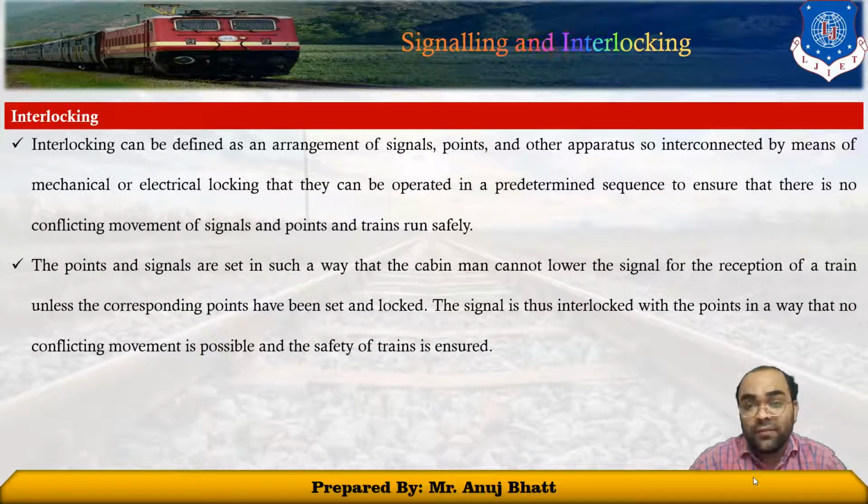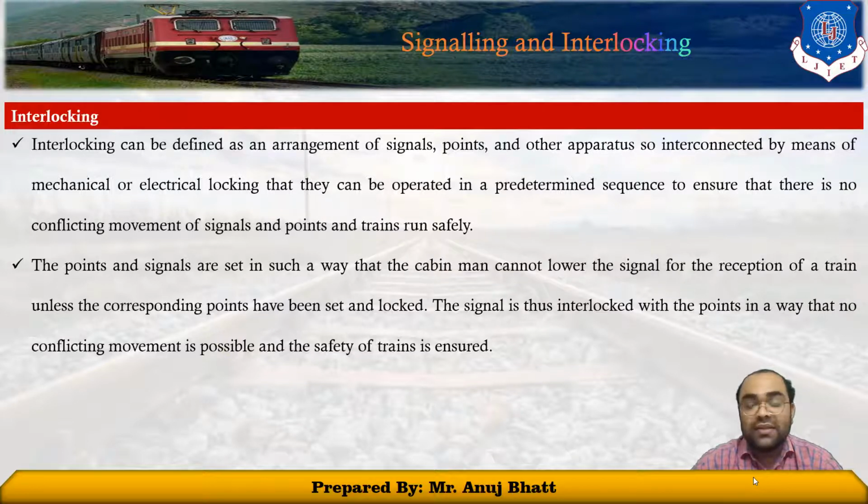Interlocking can be defined as an arrangement of signals, points and other apparatus which are so interconnected by means of mechanical or electrical locking that they can be operated in a predetermined sequence to ensure that there is no conflicting movement of signals and points and the train can run safely.